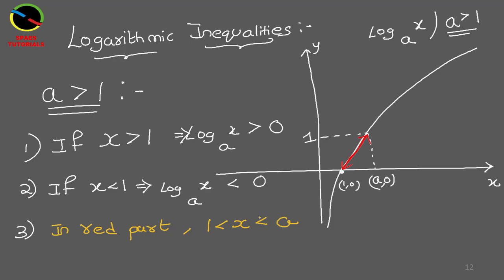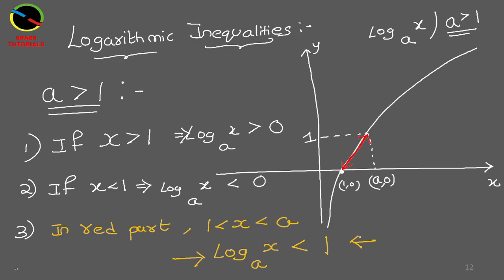So x value is something less than a, then log x base a is a value which is less than 1. From the graph we can easily understand this. When 1 is less than x less than a, log x base a is less than 1. So these are the three inequalities.